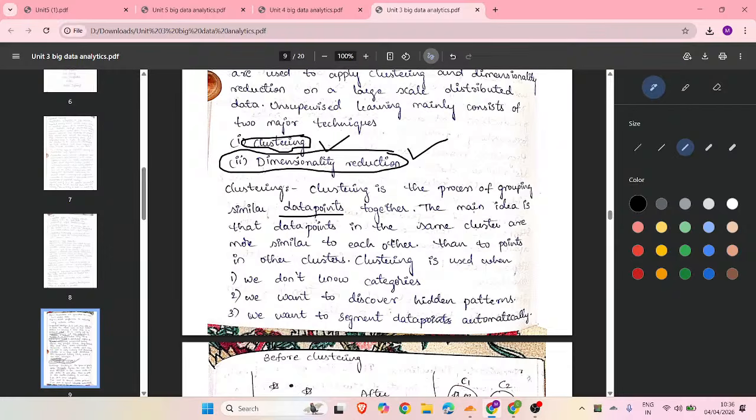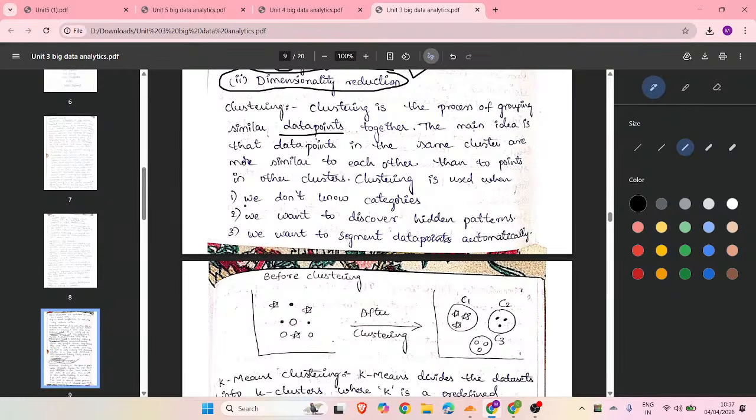The main idea is that data points in the same cluster are more similar to each other, which means in that particular row, girls are there, so the gender is similar. We don't know the categories and we want to discover hidden patterns in clustering. We want to segment data automatically.